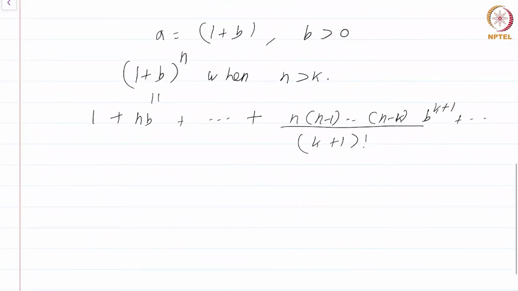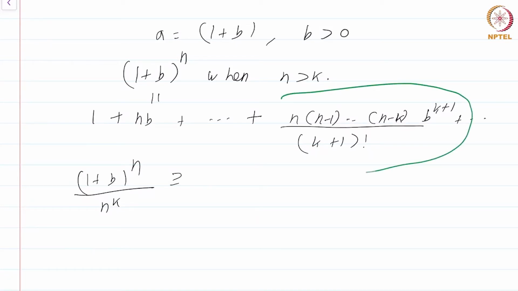Now I have to divide this by n^k. I want to consider this, and I want to show that it's greater than or equal to some quantity that sort of goes to plus infinity. Now how do I do that? Well, observe that every term here is also positive, so I can ignore all the terms except the term that I'm really interested in.